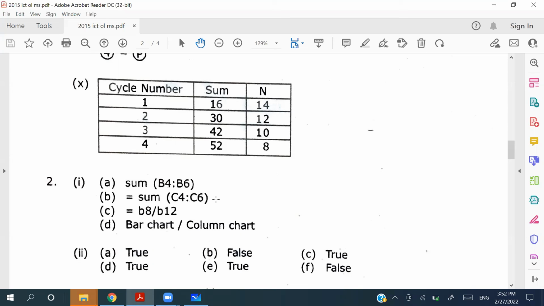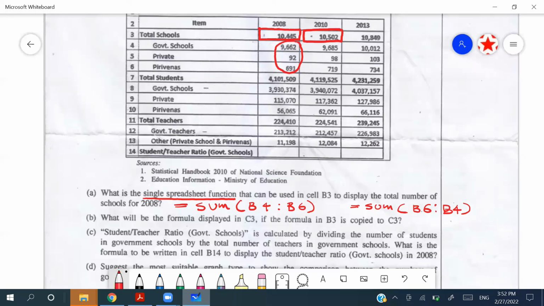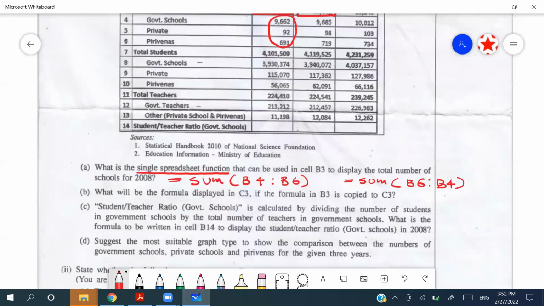The next question says, student-teacher ratio is calculated by dividing the number of students in government schools by the total number of teachers in the government schools. What is the formula to be written in cell B14 to display the student-teacher ratio?